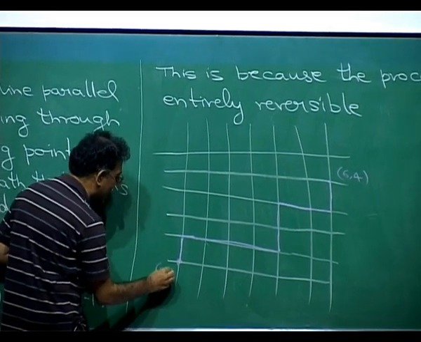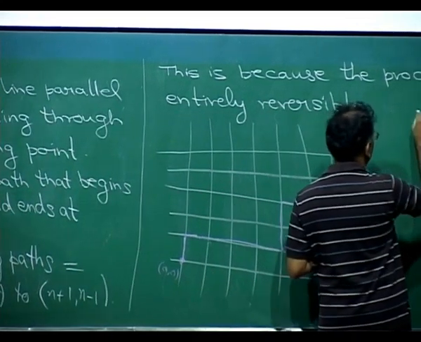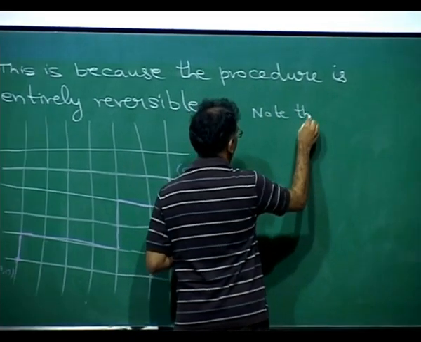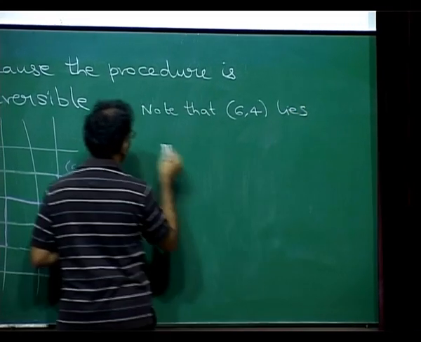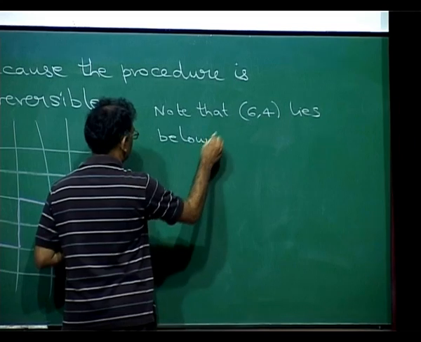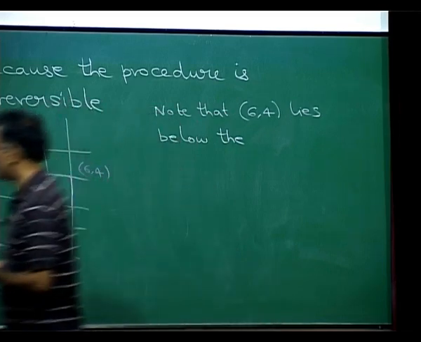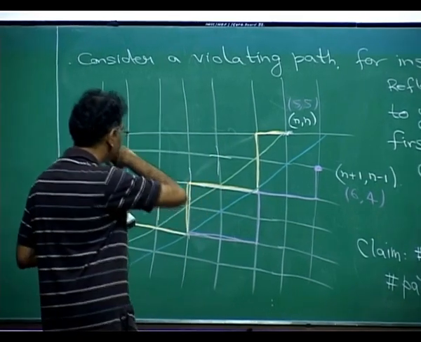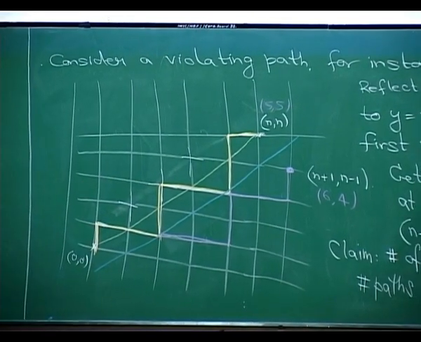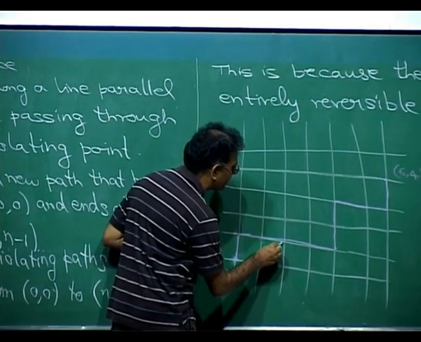Now what you have to notice is that the point 6, 4 lies below the blue line.